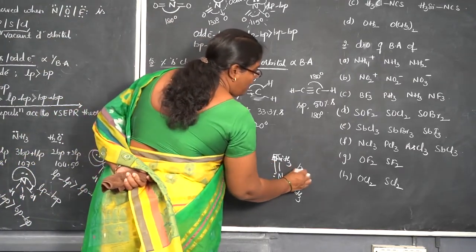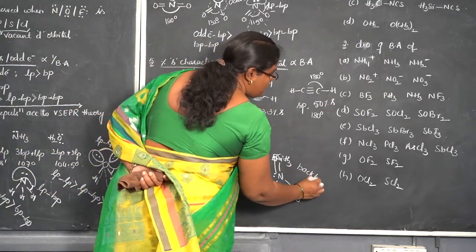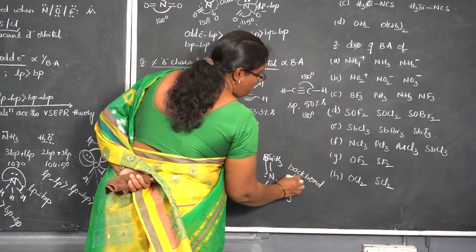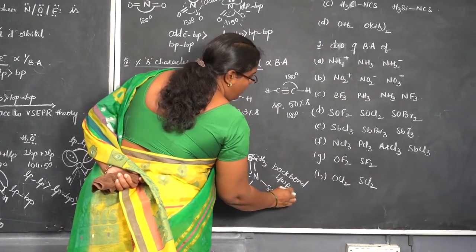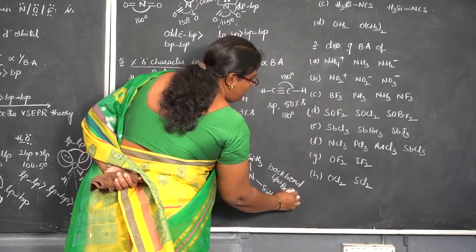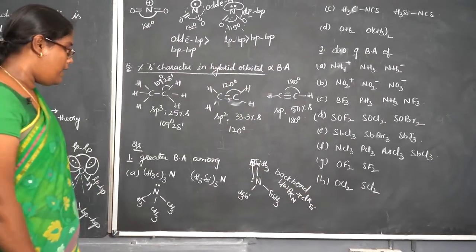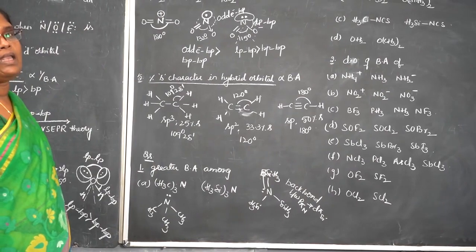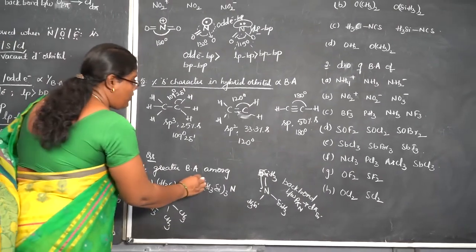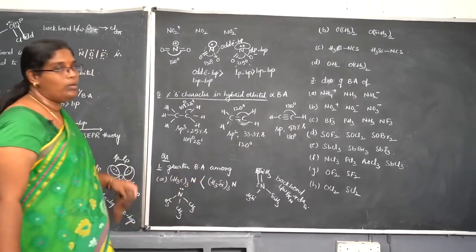So the back bond exists between the p pi orbital of nitrogen and the d pi orbital of silicon. And wherever there is back bonding, the bond angle increases. So trisilylamine has the larger bond angle.